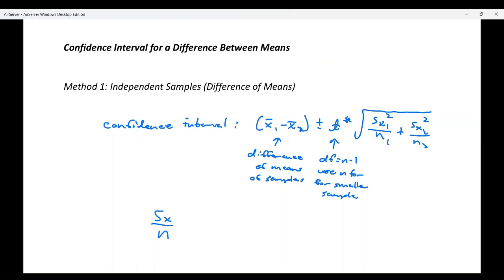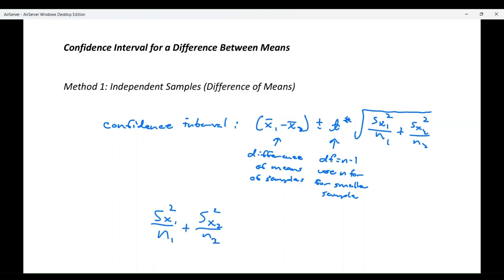So we're taking that part of the formula from a single sample, s sub x over n, and we're squaring the standard deviation to find the variance. We then divide by n. We do that for the second sample: we square its standard deviation and divide by n. Of course, these are different samples, which is why you have the ones and the twos.